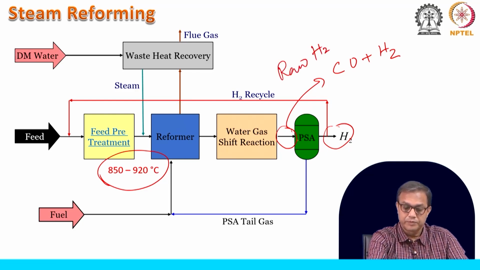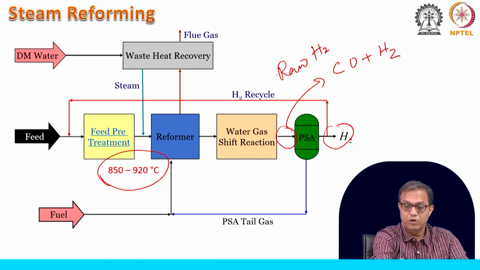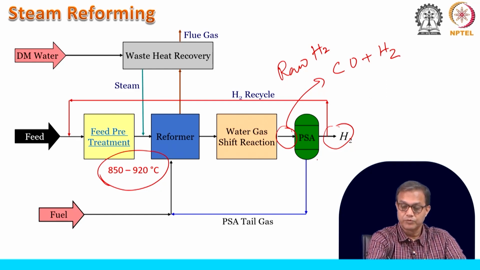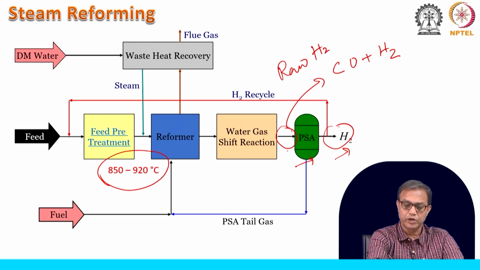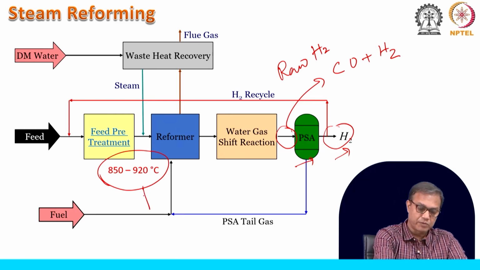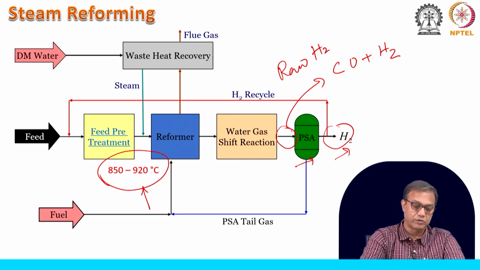In between you need some condensation process or CH4 scrubbing process to generate this raw hydrogen, and from there we finally get the PSA system to purify this mixture to generate the pure hydrogen. We also need to keep in mind that this reaction is taking place around 850 to 920 degree centigrade.